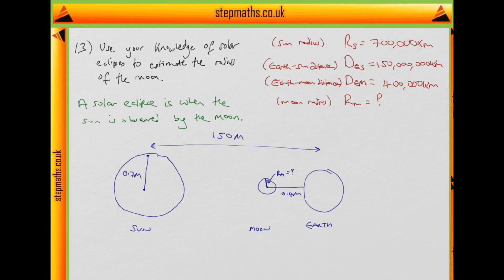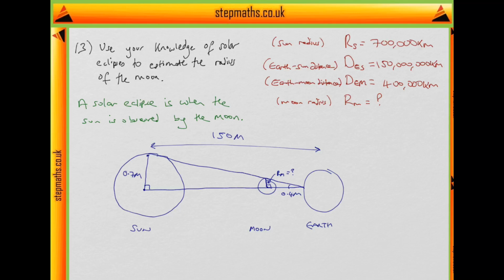If we extend a line from the top of the Sun to pass past the Moon and connect to the Earth, and we extend the line along the centre of the Sun to the centre of the Moon, like that. Now, we have a right angle here and here, and a shared angle. So we clearly have similar triangles here, and we can use relationships between similar triangles to find our value of r sub m.